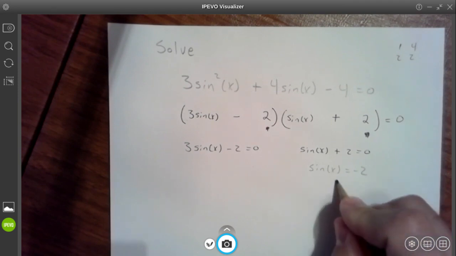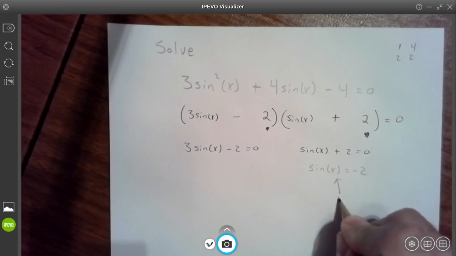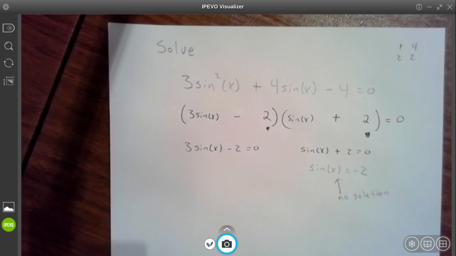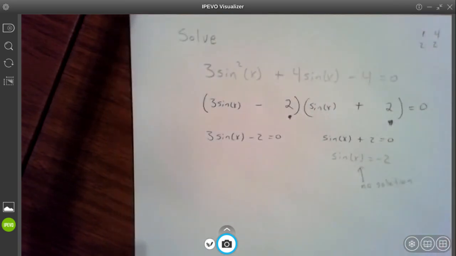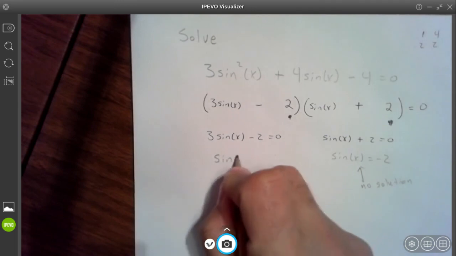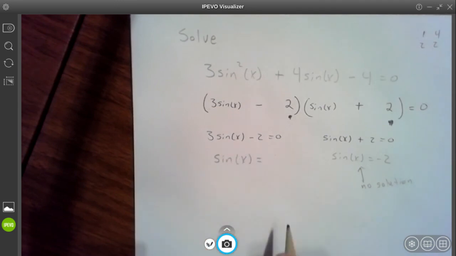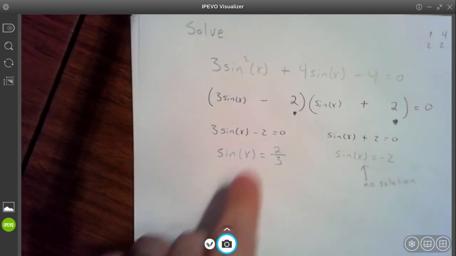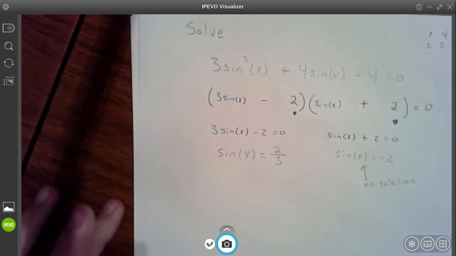So this half right here has no solution, so we can ignore that part of it. We really just have to solve this one. We're going to end up solving sine of x is equal to positive 2/3. Add 2, divide by 3.